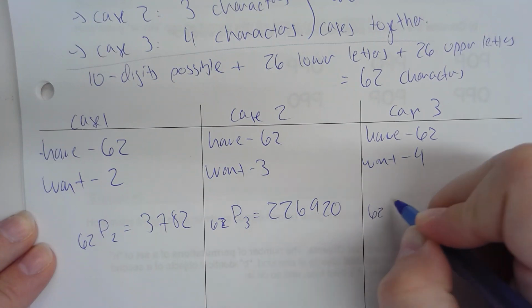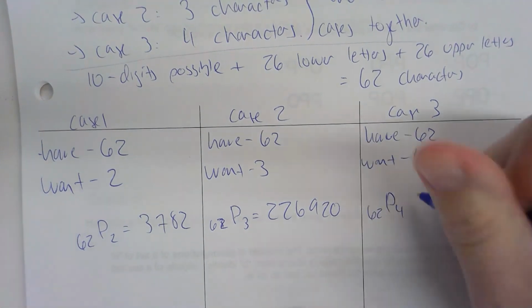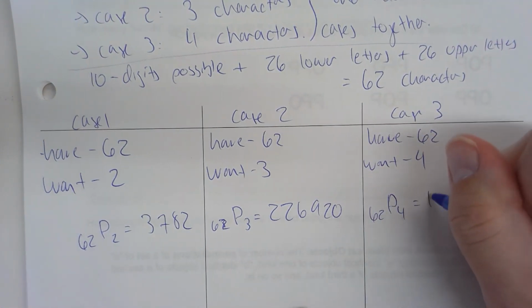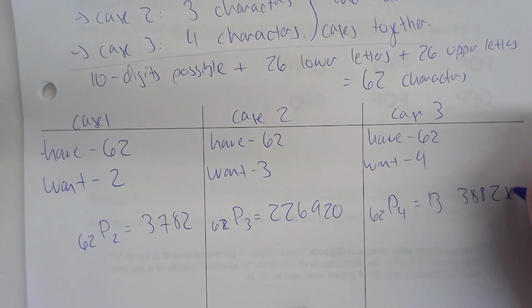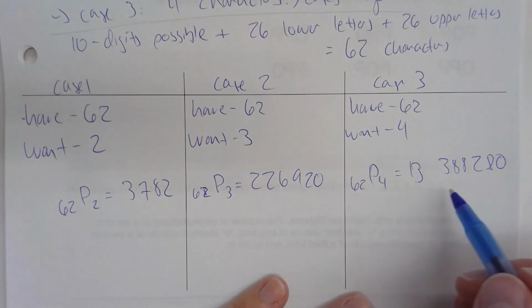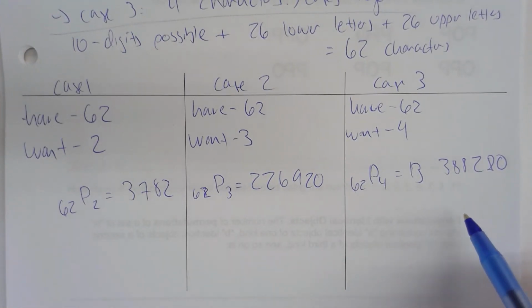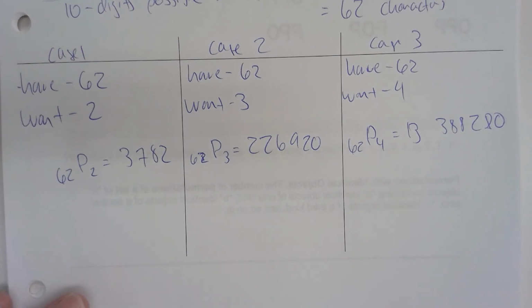So 62, pick 4. This time, much bigger again because we have a whole other character that we're willing to use. 13,388,280.